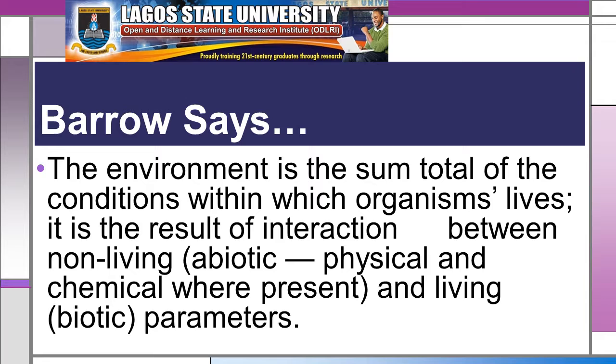That's another term coming in, interaction, between, take note, the non-living, which is referred to as the abiotic, comprising the physical and chemical parameters, and the living, which is the biotic parameter. So there are two components that Barrow has stressed, the biotic and the abiotic components of the environment.